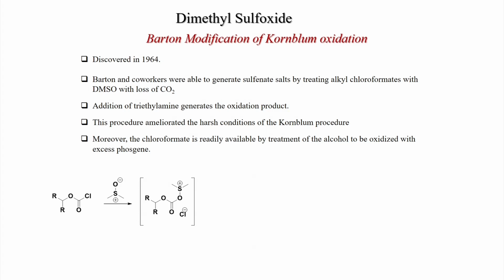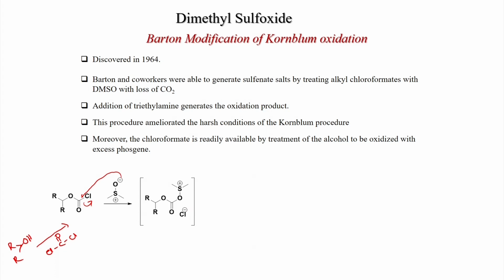Here, earlier we had to make the tosyl derivative, here you have to generate this chloroformate derivative, and this you can generate easily by treating with phosgene. So, if you treat the alcohol with phosgene, then you get this chloroformate. Now, DMSO reacts first to generate this derivative.